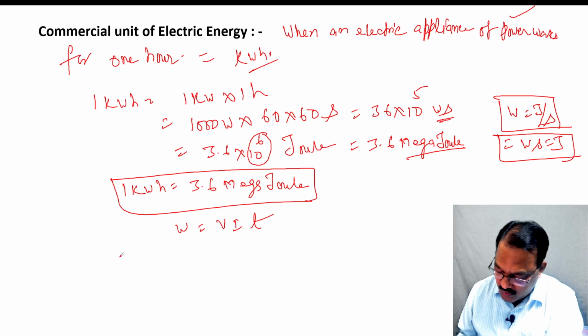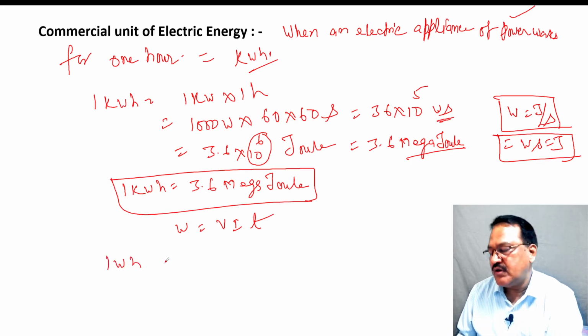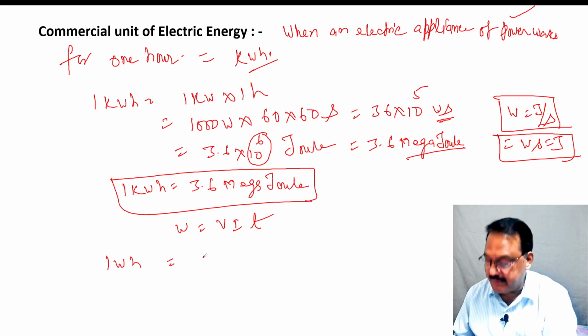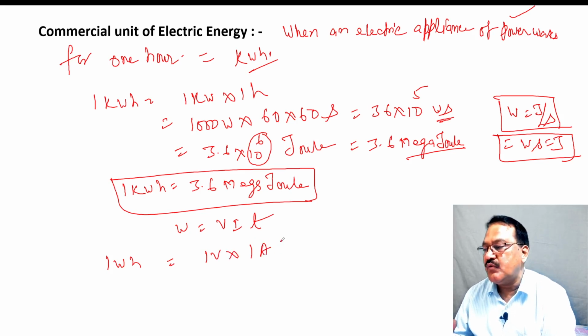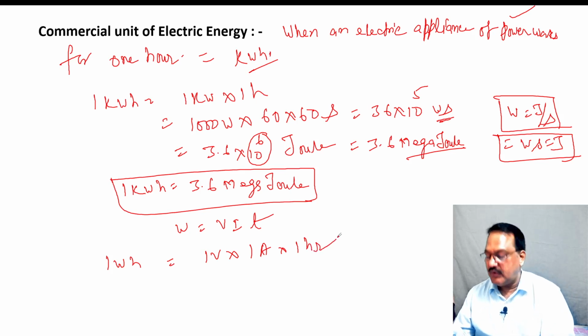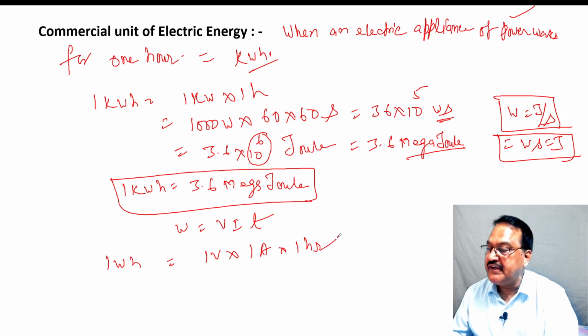So 1 watt hour, what we can write here: V means 1 volt, 1 ampere, and time 1 hour, 1 hour in short. But we have to calculate it into kilowatt hour.